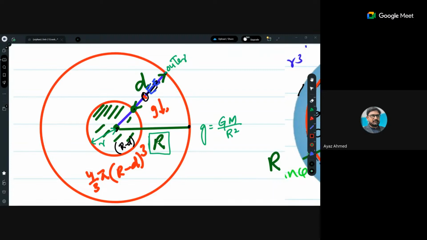You have reached here, so you have covered distance d inside the earth. The remaining earth is only this inner dotted circle. That is your earth right now. So the remaining earth is very small and the volume is decreased.